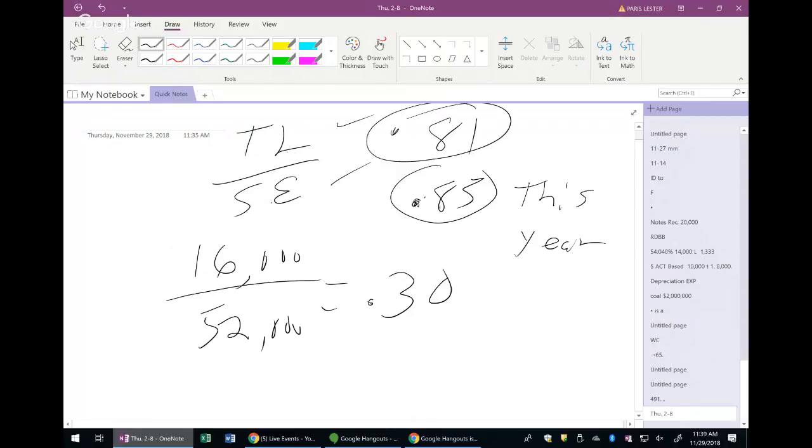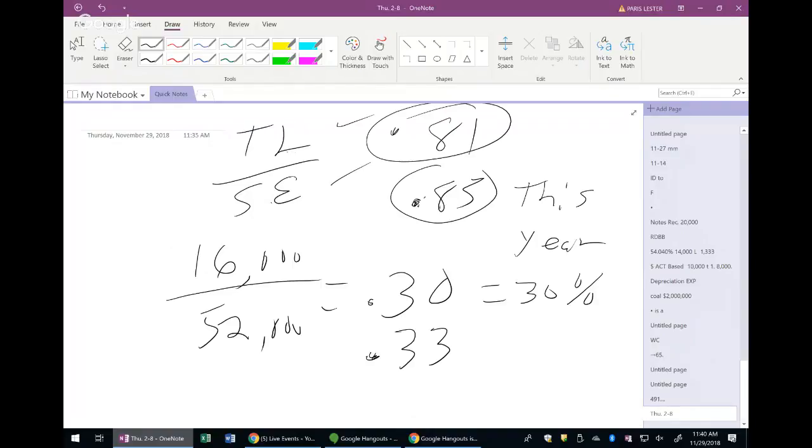Now do that for last year. Real quick, what is it for last year? 0.33. Well, your gross margin has gone down 3 percentage points.